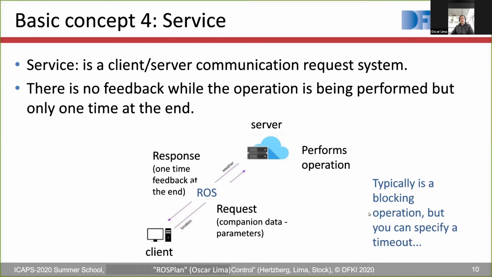But typically you will send your request and then wait for the response from the server. This will block your process, and then you will receive the response once the server is done with your request. These services are very much used in ROSPlan, so that's why they are important.